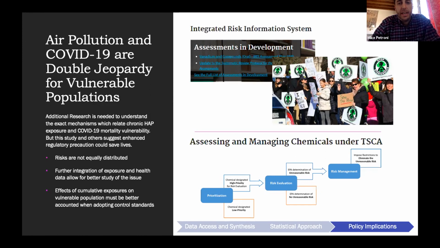And this precaution can be taken through bolstering the efforts at the EPA's Integrated Risk Information System, where they evaluate these reference concentrations for each of these chemical compounds, and additional precaution and study will lead to hopefully us understanding more about the long-term health effects of exposure to one or more of these chemicals. And the second here is assessing and banning and regulating use of chemicals under the Toxic Substances Control Act, which is ongoing right now.